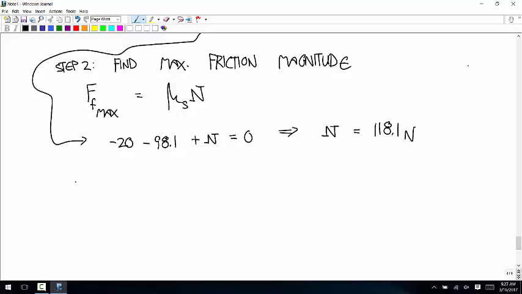And so the maximum force of friction is equal to the coefficient that was given, 0.4, times 118.1, which is 47.24. Okay, so the force required to keep it at rest is smaller than the maximum allowable friction. So does this stay at rest or move?